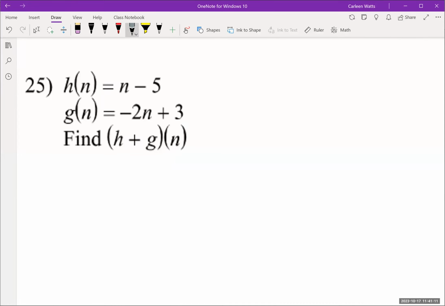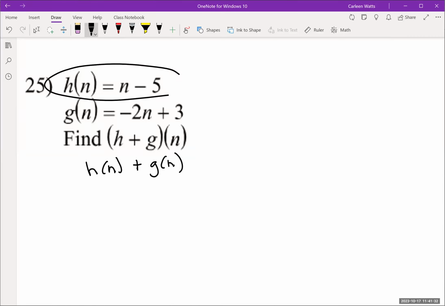So we have H of N plus G of N. Okay, H of N, replace it with N minus 5.